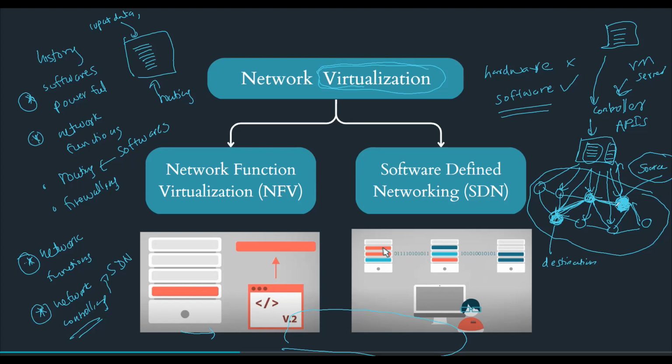So apart from that, the communication protocol that is used by this controller to communicate with the routers or switches is known as the OpenFlow protocol, right? So OpenFlow is a very open protocol that allows programmers to customize the code which determines the behavior of this protocol, and also the behavior of the communication done by the controller.